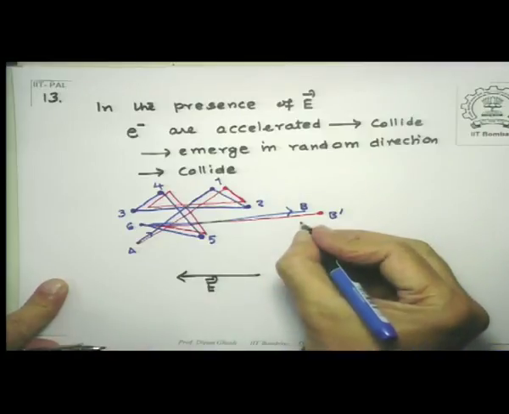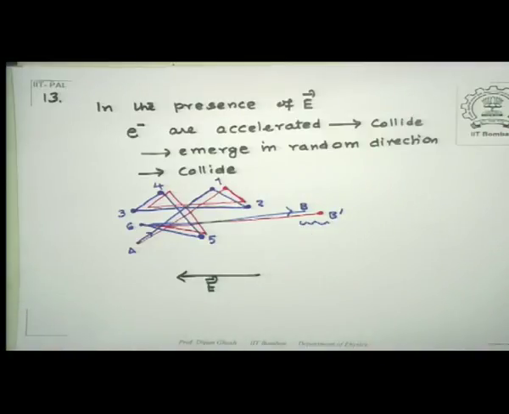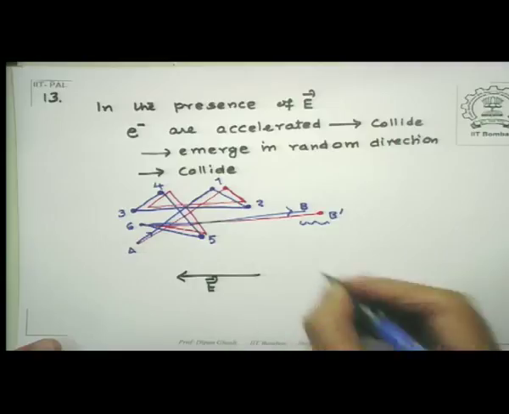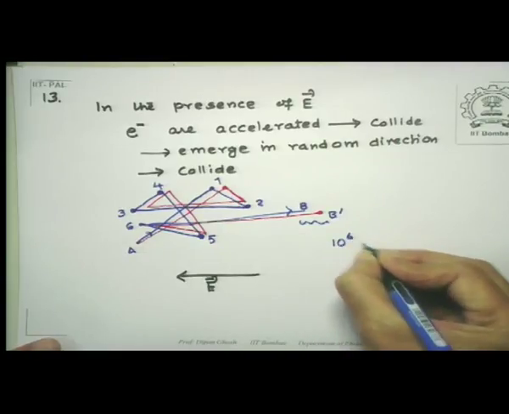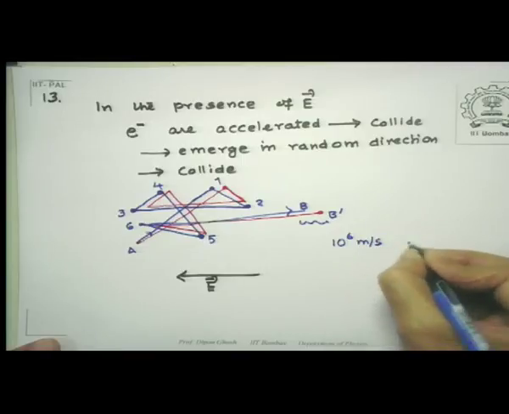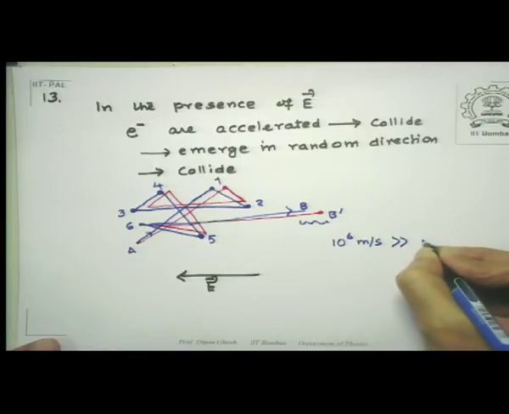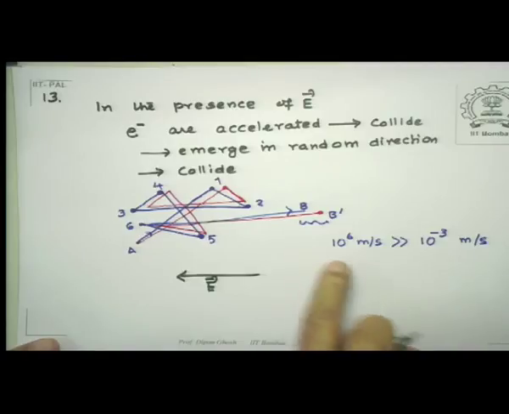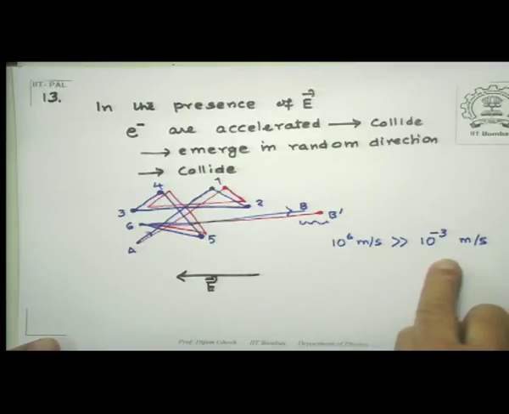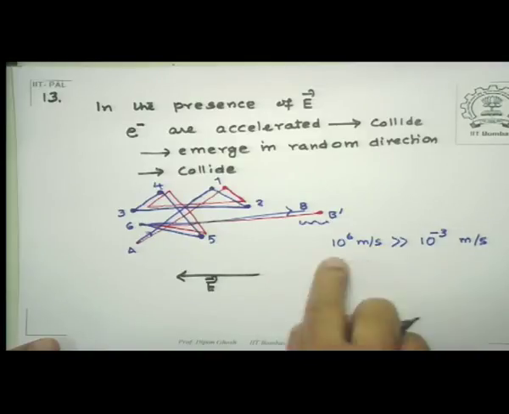So there is this slight drift in the direction of minus E, and we have seen that the electron velocity is about 10 to the power 6 meter per second, and drift speed is a few millimeter per second. So the electron speed is greater than the drift speed by a very large factor.